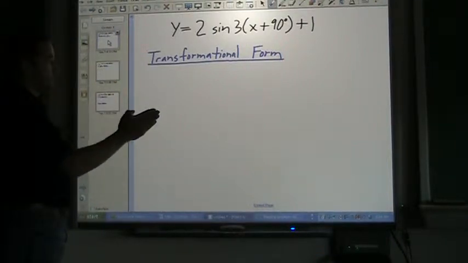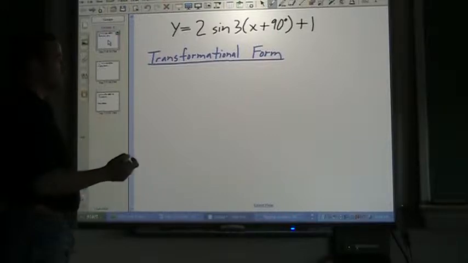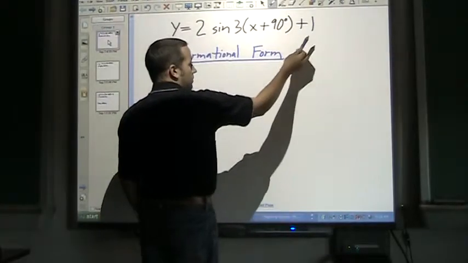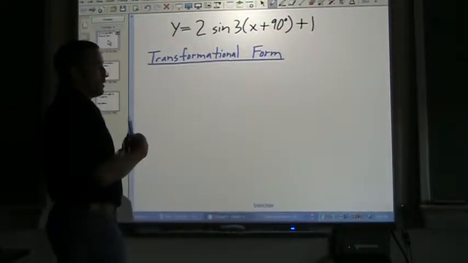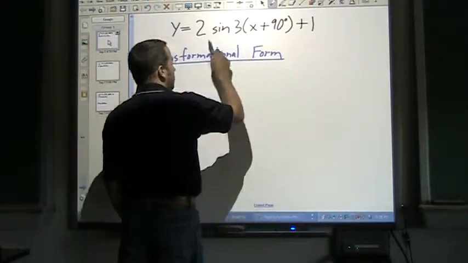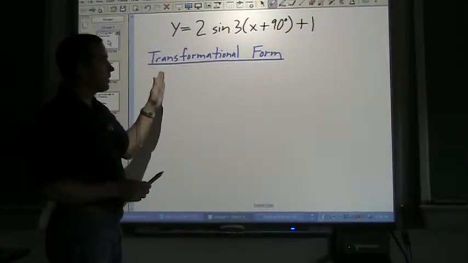What I'm interested in is putting this equation into transformational form. In transformational form, I'm going to take the two numbers that affect your graph vertically, which is the +1 and the 2, to the other side over here with the y.